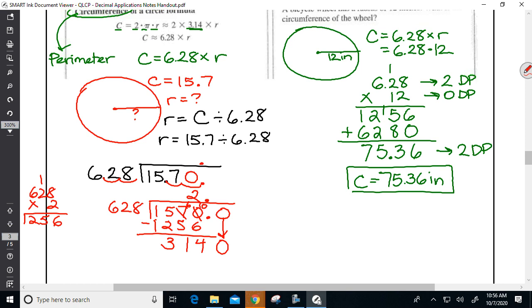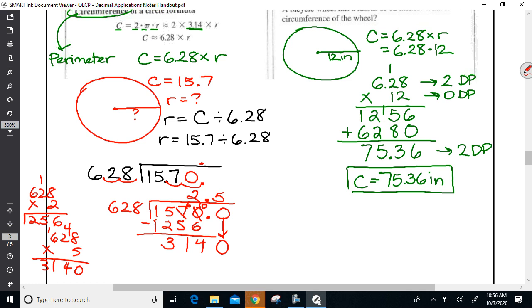How many times does 628 go into 3,140? With that big number magic. 628. 5 times. 628 times 5. 0, 4, 1.